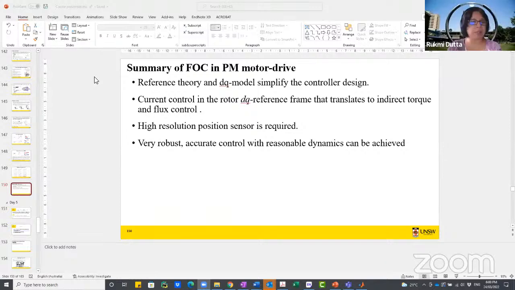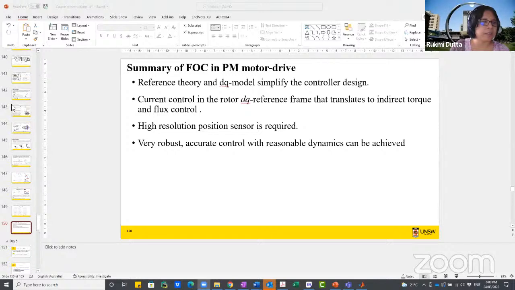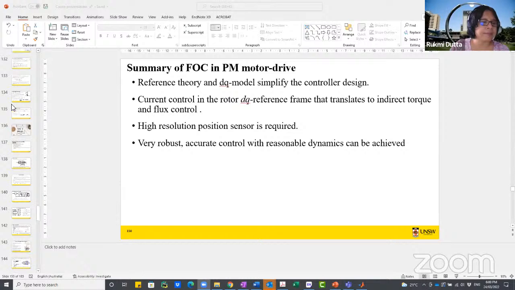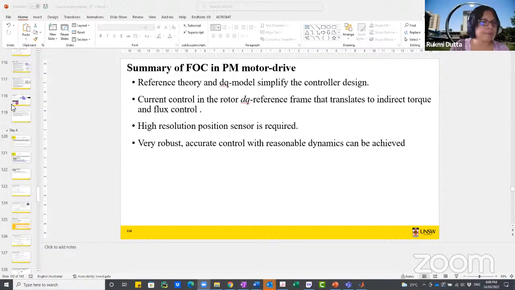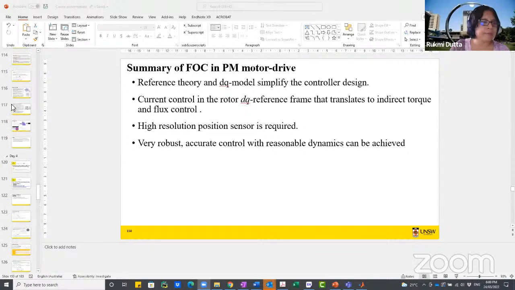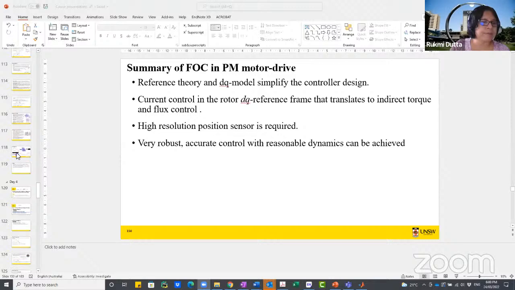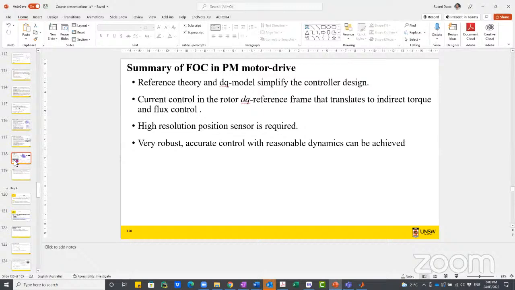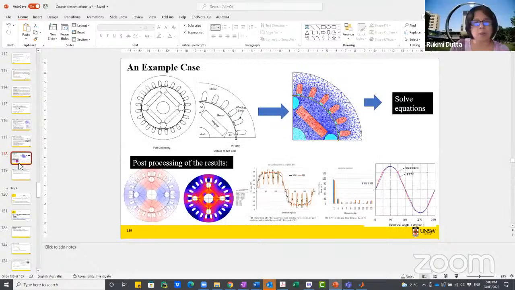Is that what you want to know, Devasis? Yes, madam. Okay, so let's look at the IPMSM.